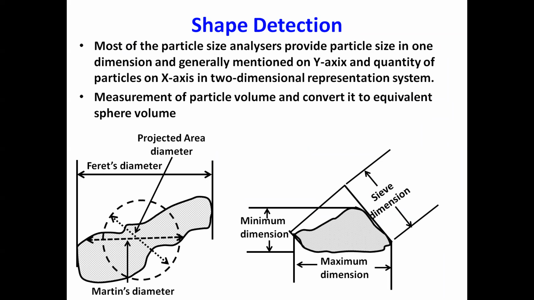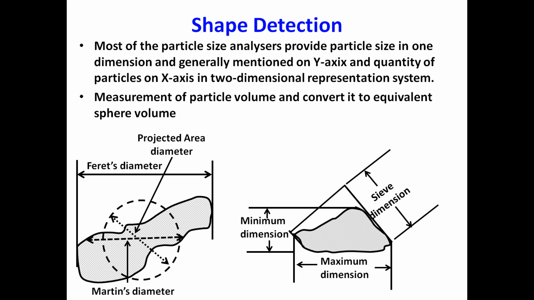Here in this picture, you can see different dimensions, like the maximum dimension. In this particular picture on the right, the maximum dimension is the maximum length. There will not be any other length greater than this length. That's why it is called the maximum length. Then sieve dimension. What does sieve dimension mean?